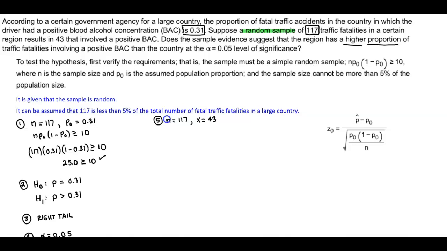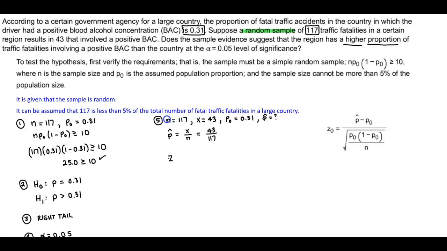x represents the number involved with a positive BAC, which is 43. And we also know that the population proportion is equal to 0.31. And so now we need to find the point estimate. Recall that the point estimate is equal to x over n, which is equal to 43 over 117. Okay, so now let's plug that into our formula.